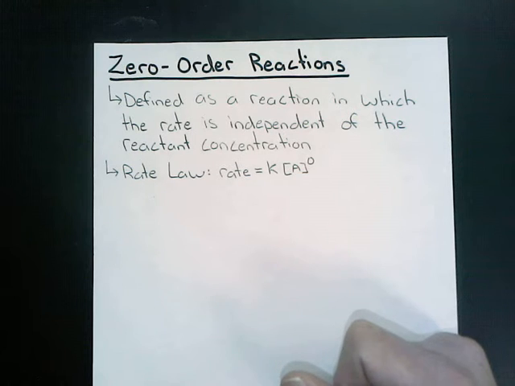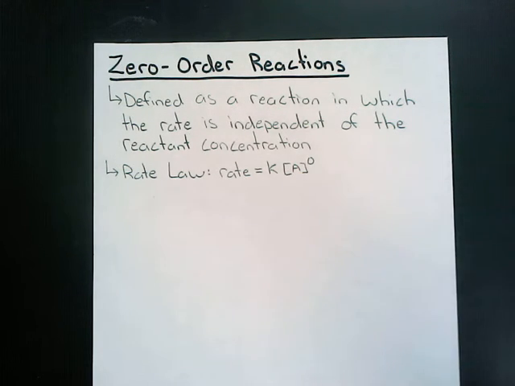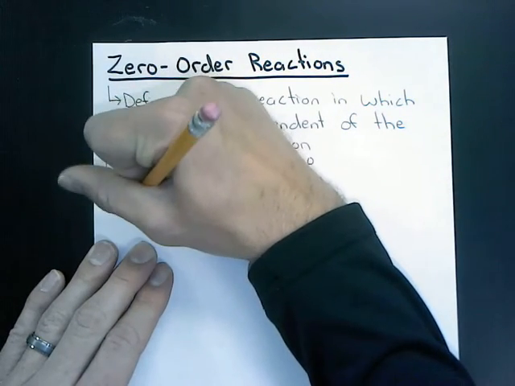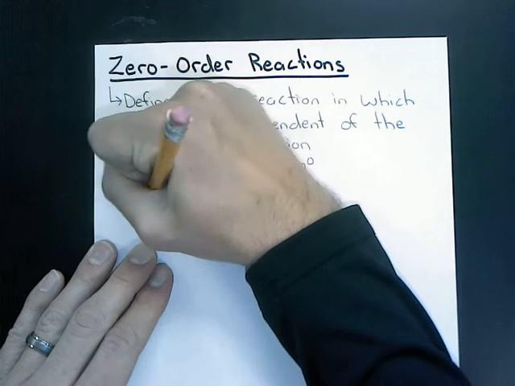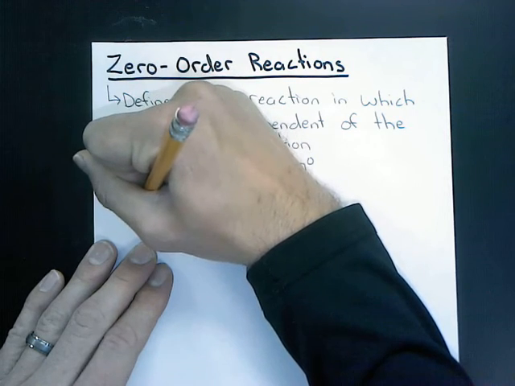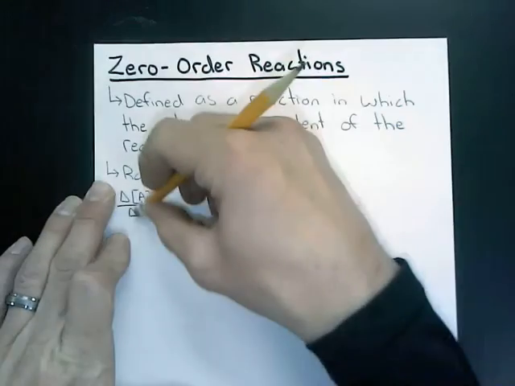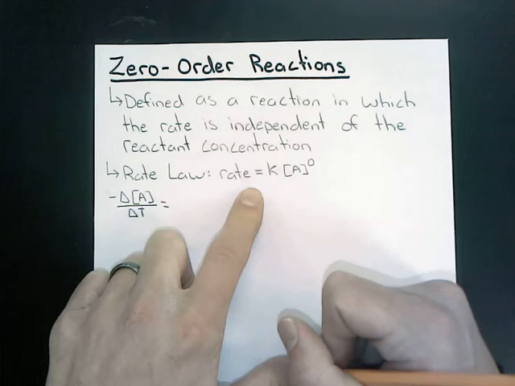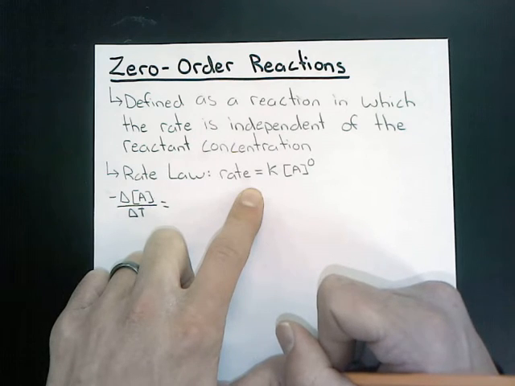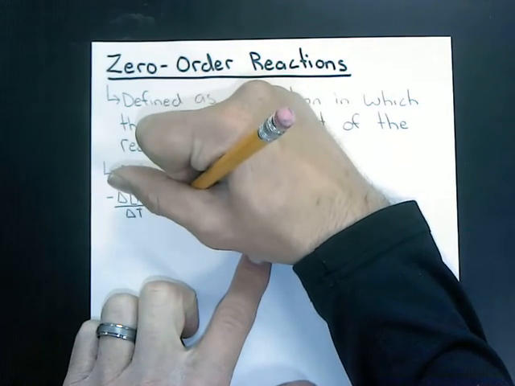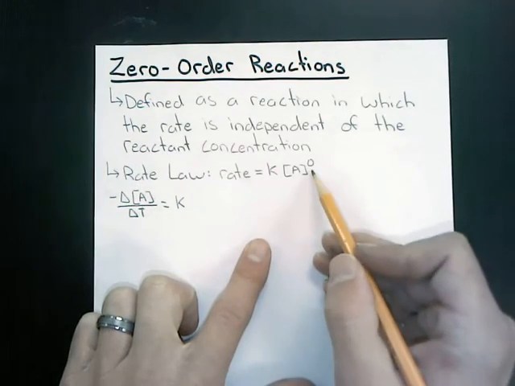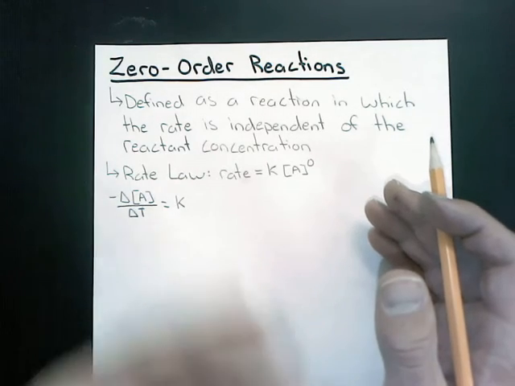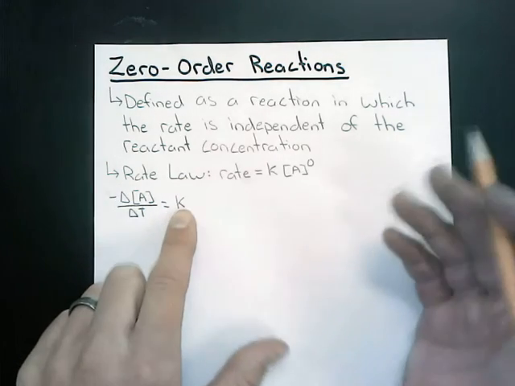What we can do is exactly what we have done in the past: we can have the change of concentration of A divided by the change of time set equal to our rate law. I'm going to set it equal to k because, remember, anything raised to the 0 power is always 1. So this is 1 times k, so we can simply put k.